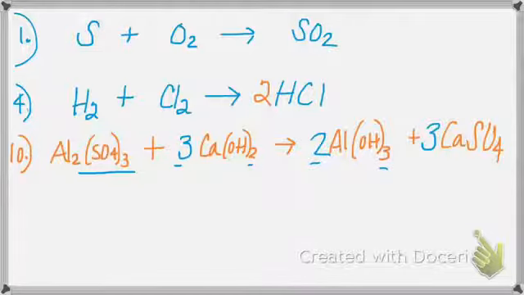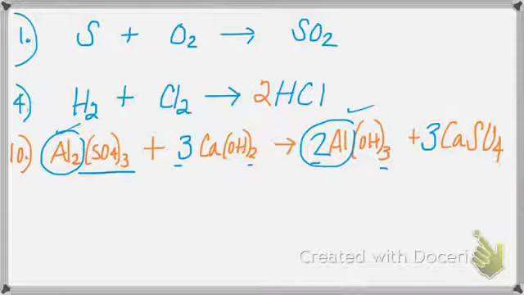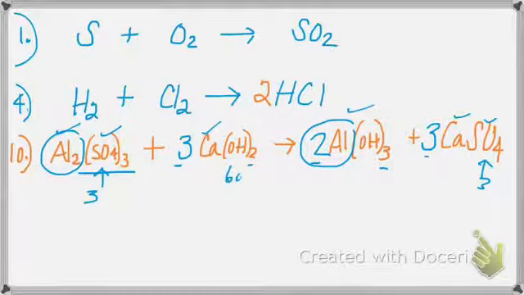So we're going to double check that I have 2 aluminum on both sides, 2 aluminum. So check, check. I have 3 sulfates and I have 3 sulfates, so the sulfates are done. I have 3 calcium and 3 calcium, so they're done. And I have 6 hydroxides, and over here I have 6 hydroxides, so everything is balanced.